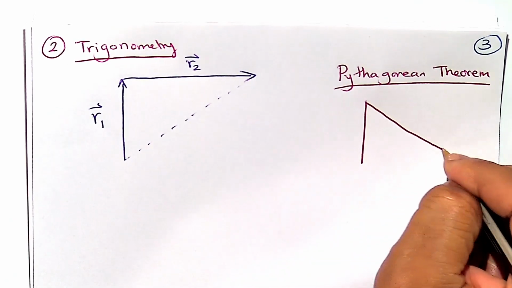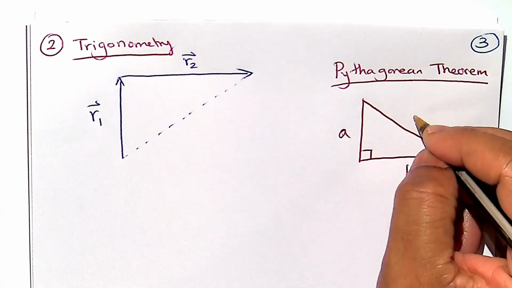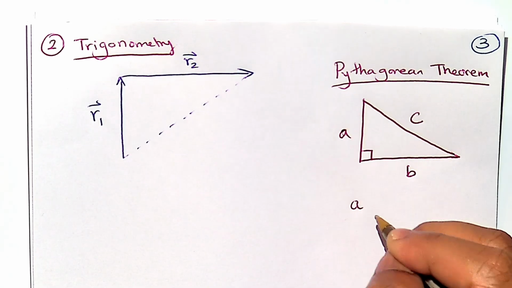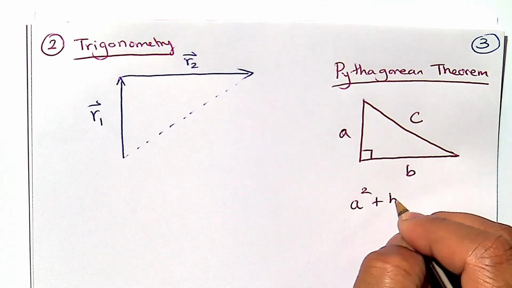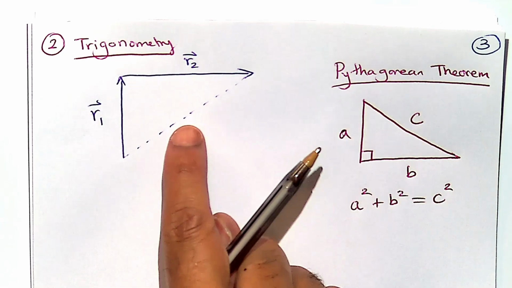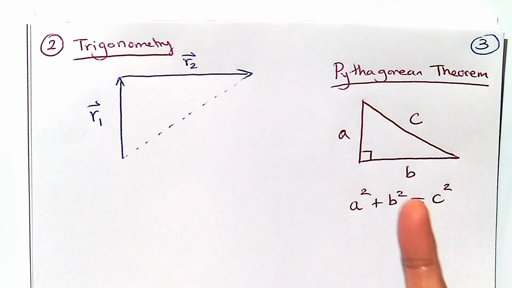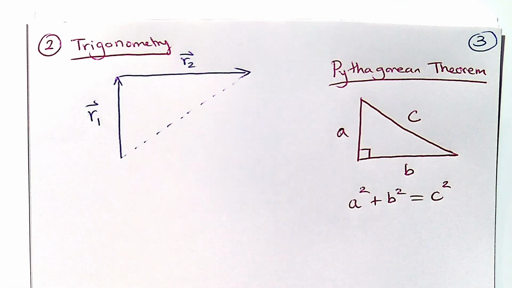So if you have a right triangle, here's your A, here's your B, there's two different sides, and if you want to find C, you know that A squared plus B squared is equal to C squared. You can apply this to your vector addition, knowing that one vector and the other vector are two sides of a right triangle. You can find the sum by using the Pythagorean theorem.